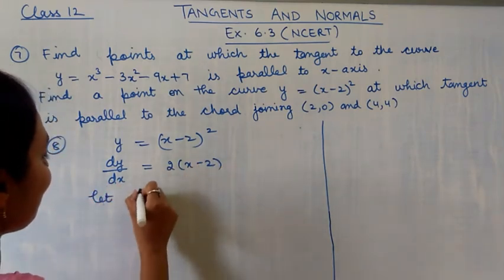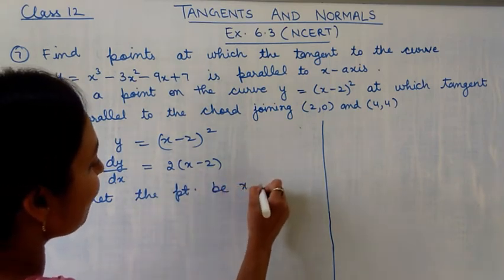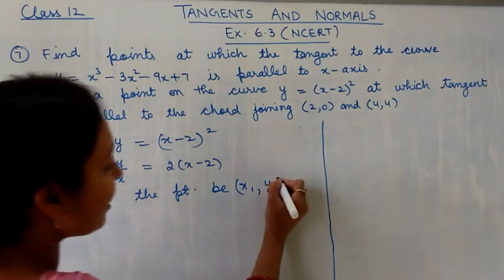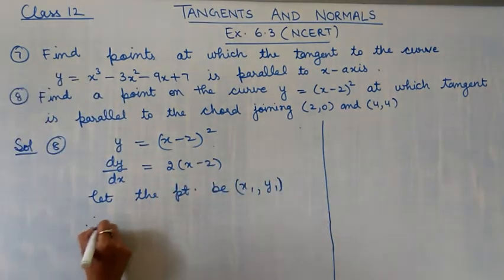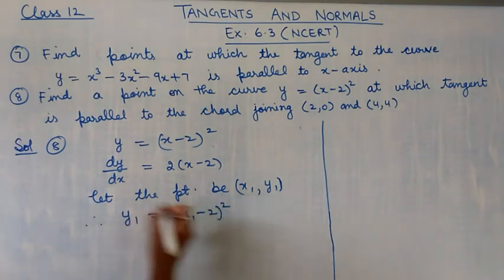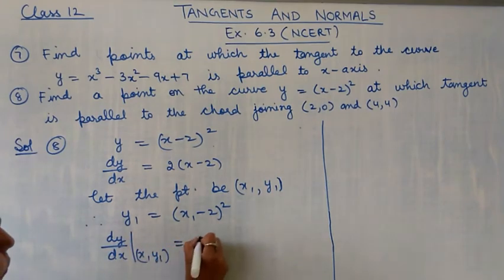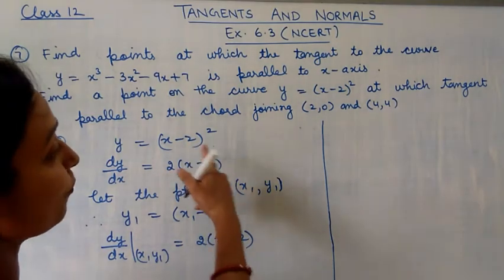Let's suppose the point is (x1, y1). This is equation number 1. Therefore, the curve is y1 = (x1 − 2)² and dy/dx at (x1, y1) is 2(x1 − 2).